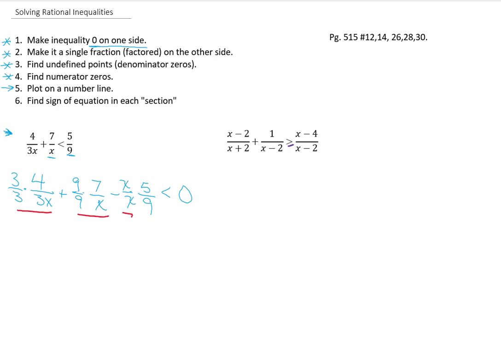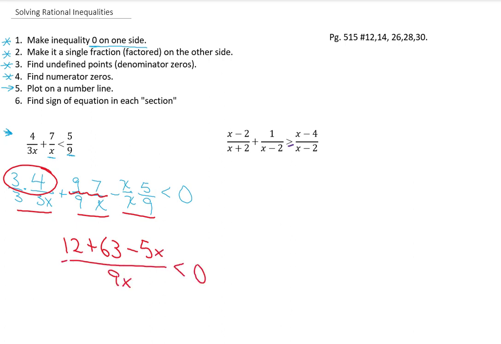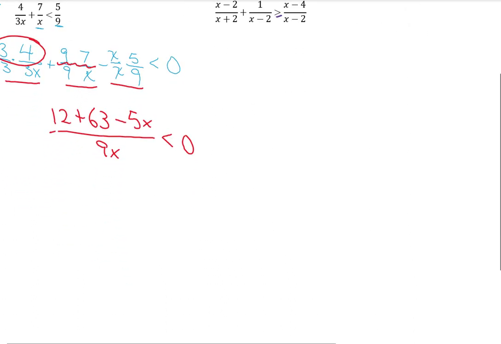So my numerator now looks like 12, that's the 3 times 4, plus 63, that's the 9 times 7, minus 5x over 9x, which is going to be 75 minus 5x.